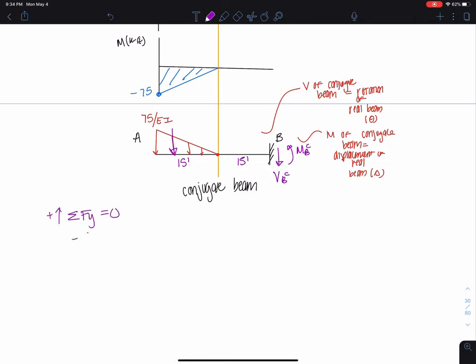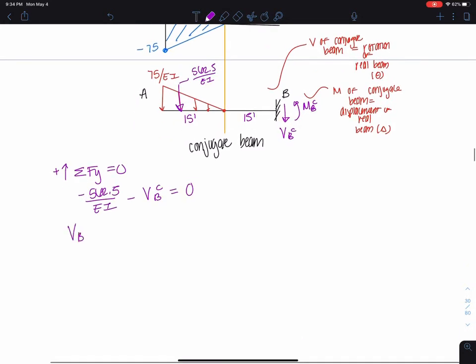We get negative 562.5 over EI, that's this here, minus VBC equals 0. And we end up getting VBC equals negative 562.5 over EI equals negative 562.5.